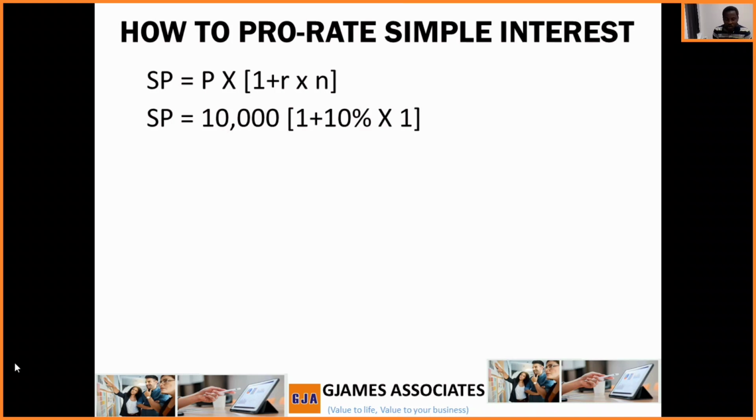Now, let's say we want to prorate for 8 months out of a year. That is, we want to know what we should return within 8 months out of a 12-month calendar year. Do we understand? So now we will say our SP is equal to, and this knowledge is very useful for entrepreneurs to know about bank loans and the like. So we are prorating for 8 months.